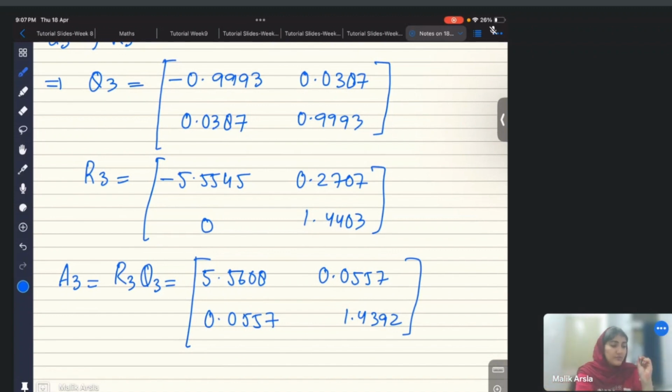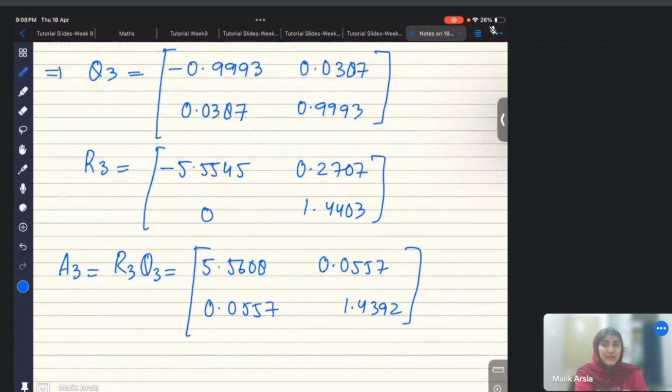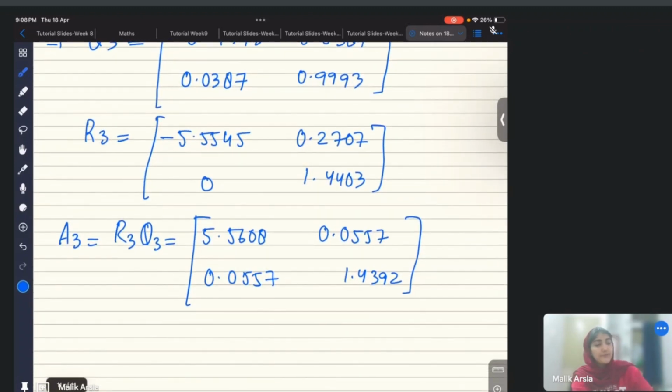If we consider significant digits up to the first decimal place only, we can see that the non-diagonal entries have almost become equal to 0. So here we stop. The diagonal entries are our eigenvalues.